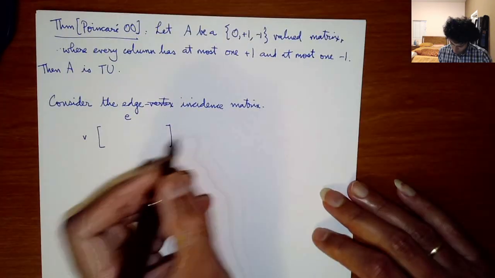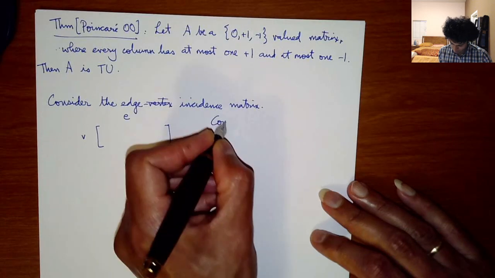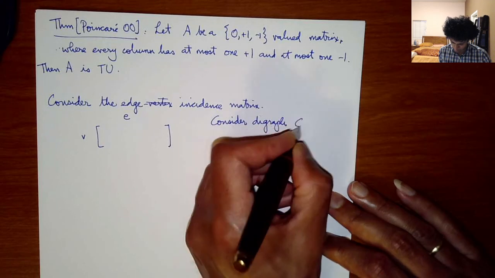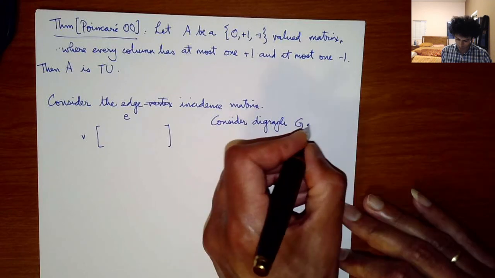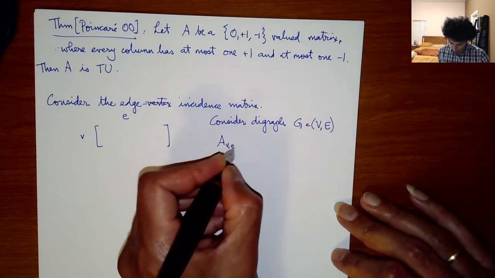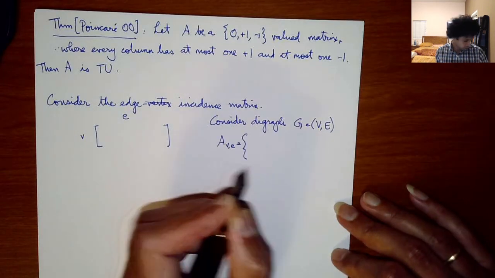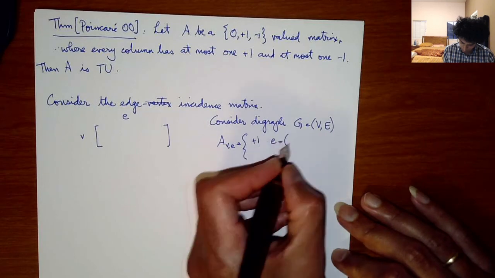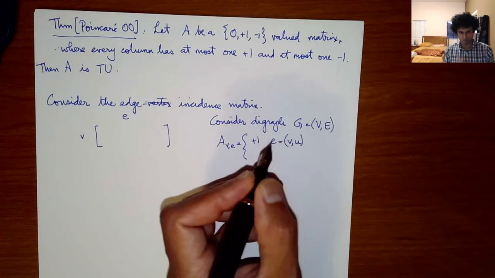And so consider some digraph G equal to V comma E. So I'll say A_VE is plus 1 if E is equal to (V, U). So V is at the head.